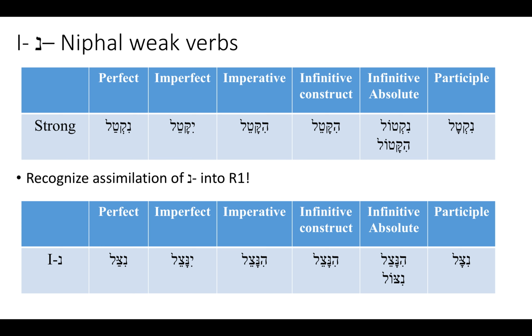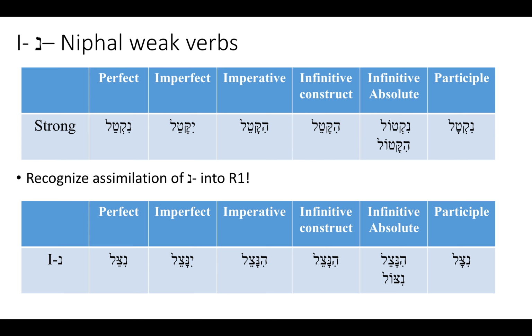With the infinitive absolute, one of the forms we have is nitzol. That one has also assimilated the nun from the first root letter, so that the root there is natsal, while also having a nun prefix. So two nuns are not put next to each other. You can't have the Niphal prefix nun and then the first root letter of the verb also being a nun.